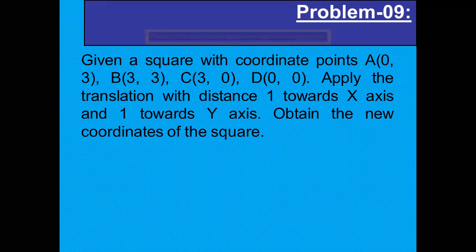Here tx is equal to ty is equal to 1, both values are equal. The formulas are very simple, so this is a very simple problem. There is no need to use so much brain here, just calculation, nothing else.